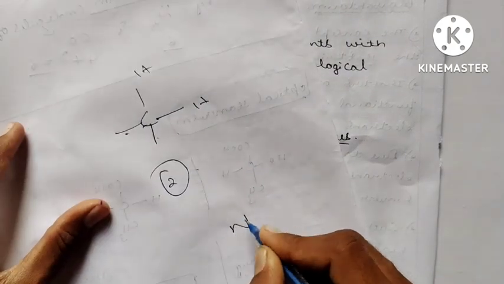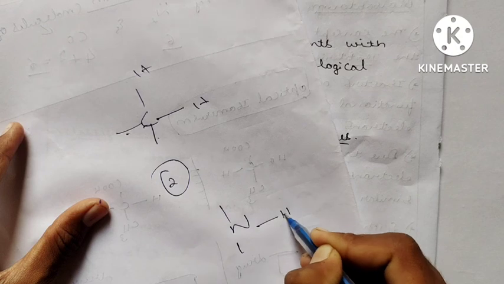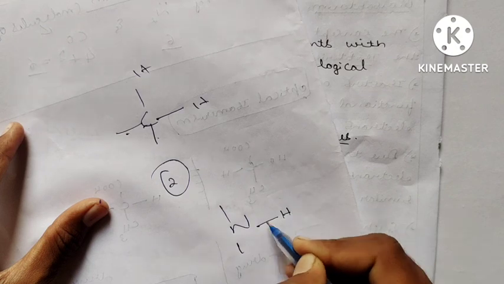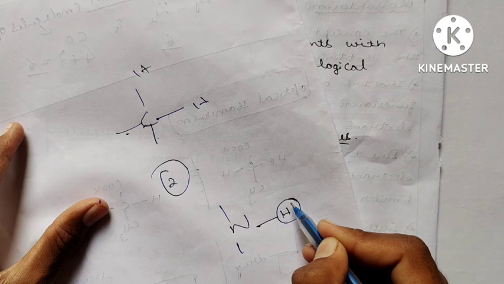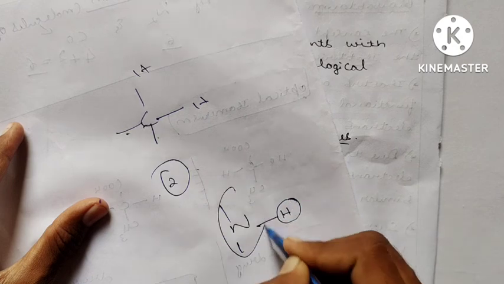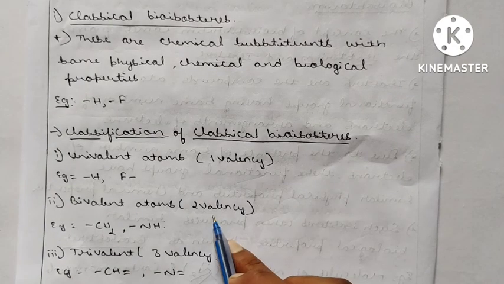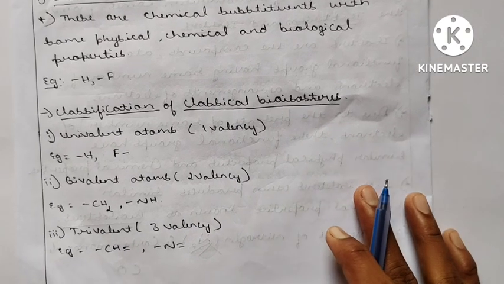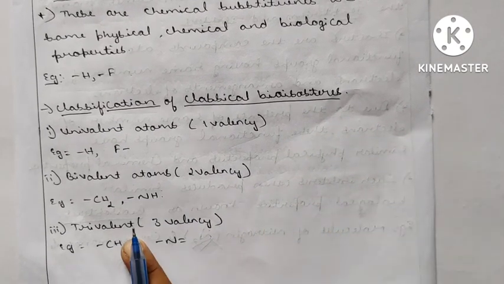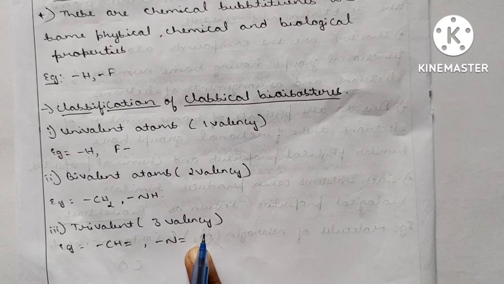Now NH. What is the valency of that N? 1, 2, 3, and H. One nitrogen valency is gained by this hydrogen. The remaining is 2 valency. Having the same valency, they have the same chemical structure. Then trivalent is the same: CH double bond, N double bond.